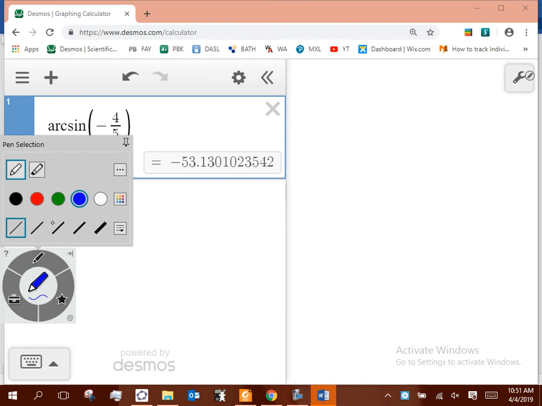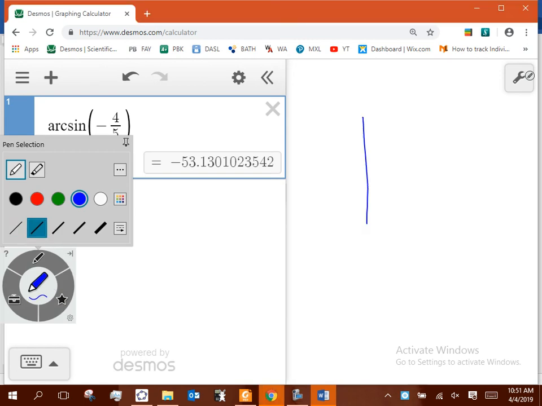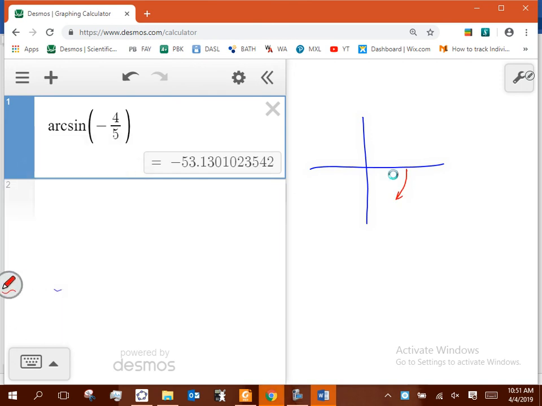If I were to draw that, -53 is going to be that angle right there, correct? That's what theta is right now. Do I ever talk about theta as being negative in my solutions? What do I have to do with that number to get that angle right there? Careful.